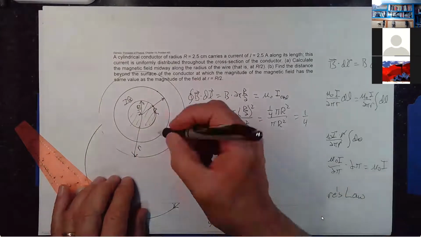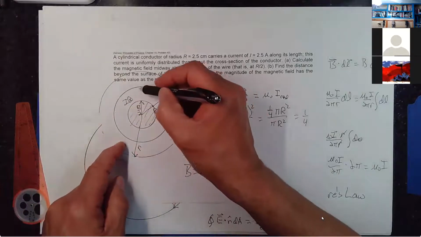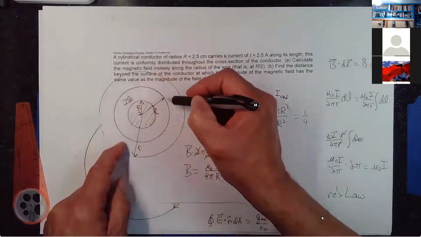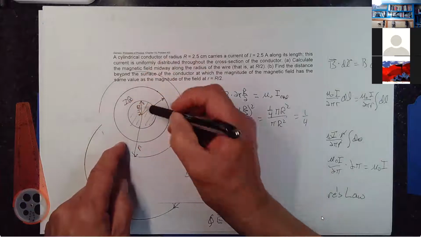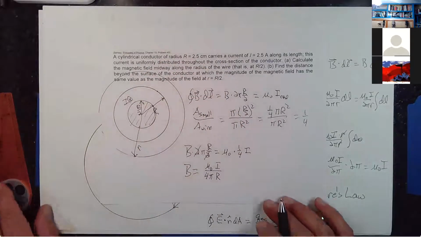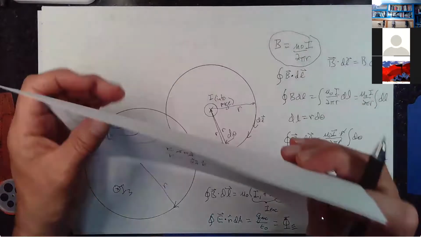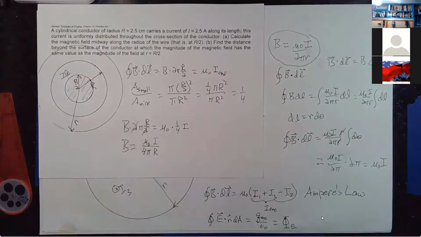And let's see, remember this circle right here is the wire area itself. This is just the area considered in the first part. And what are we going to do for that part B? Get a new piece of paper for one thing.